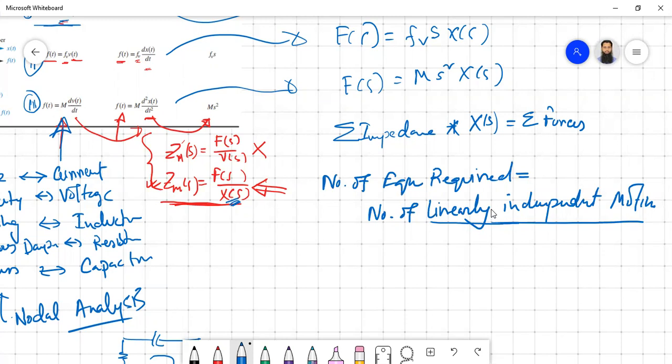If you have different points in your mechanical system, all of them can move, but if one of them can move independently while the others are not moving, then it is called a linearly independent motion. Another name for this is the number of degrees of freedom.